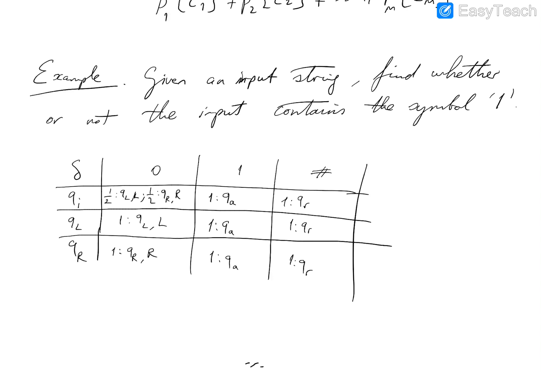So we assume that the tape head is initially placed on the midsection of the string. That means 50% of the time the machine goes to the left, and 50% of the time the machine goes to the right, and that means our machine will examine N/2 plus 1 tape cells.